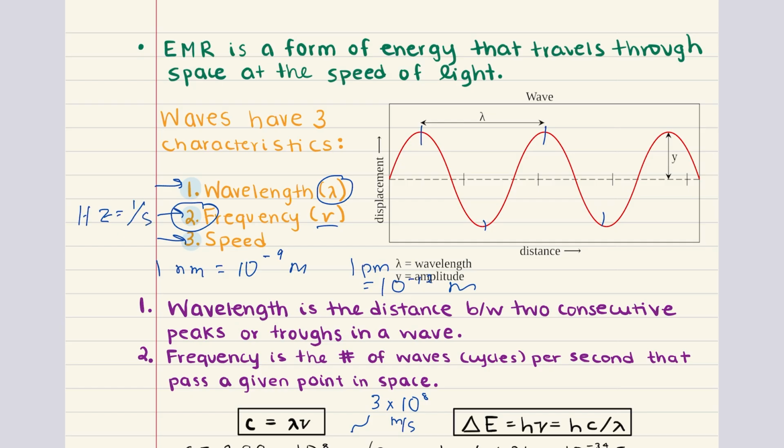Now, a higher frequency means more waves are passing a point in a given time, which usually corresponds to shorter wavelengths and higher energy. More on that in a second. But let's also talk about speed. In a vacuum, all electromagnetic waves travel at the same speed, and this is referred to as the speed of light.